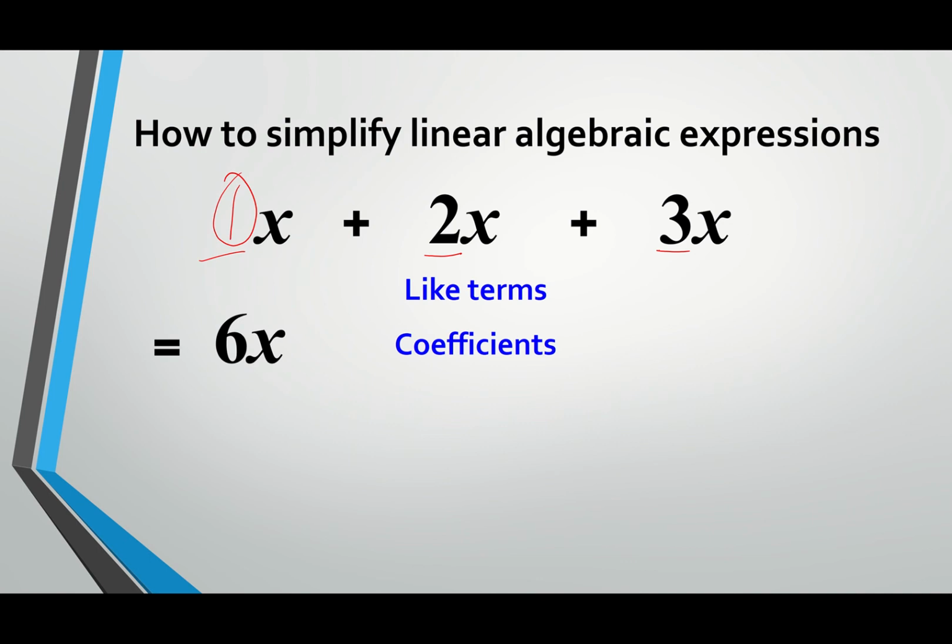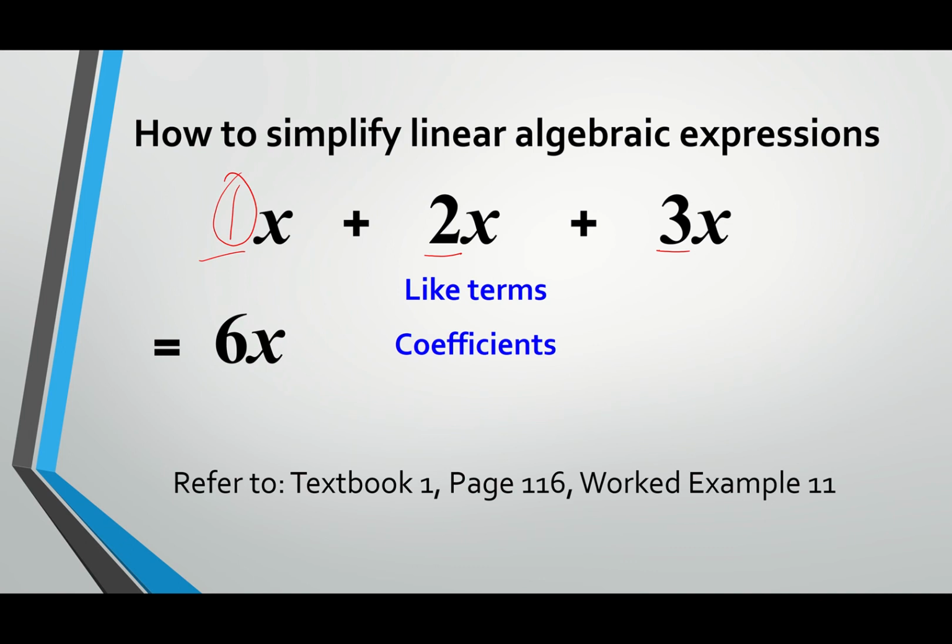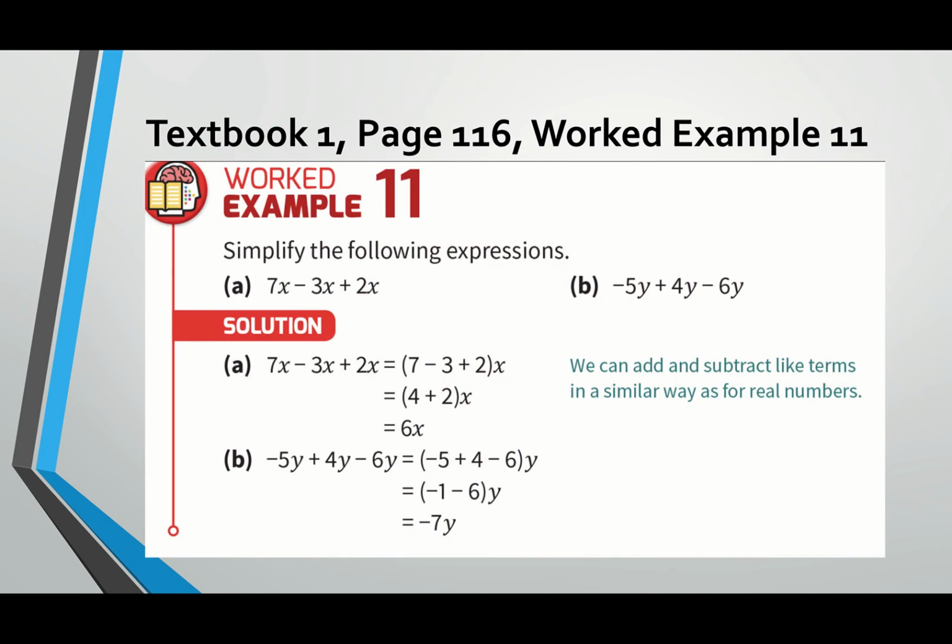Okay, you can refer to worked example 6 on page 116 of your textbook, textbook 1A. If you look at this example, in part A, 7x minus 3x plus 2x, they are all like terms, right?